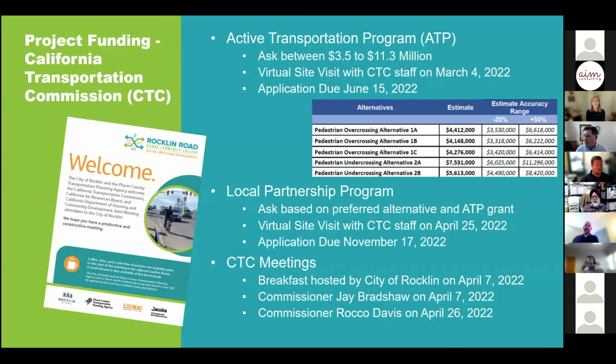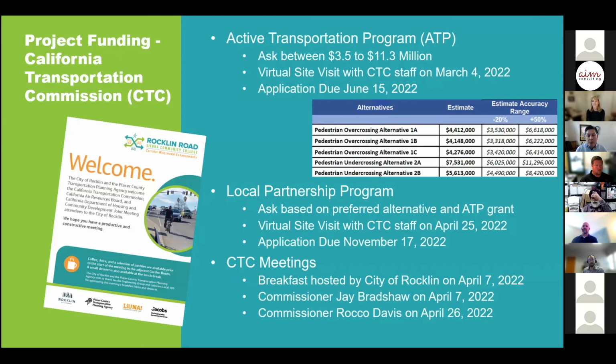This slide has a lot of information on it. Needless to say, I just want to let you know the cost is anywhere from $34 to $40 million, where the city has about $15 million and we're trying to get $17 million from the state, between the Active Transportation Program and the Local Partnership Program.